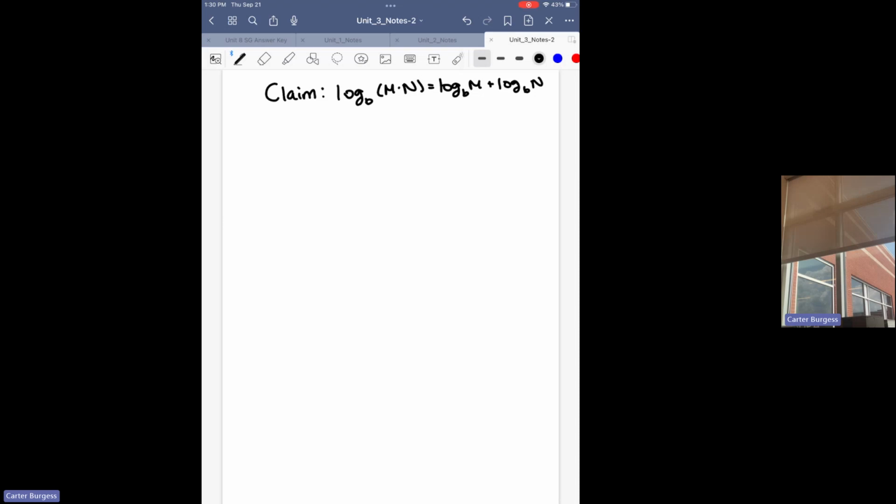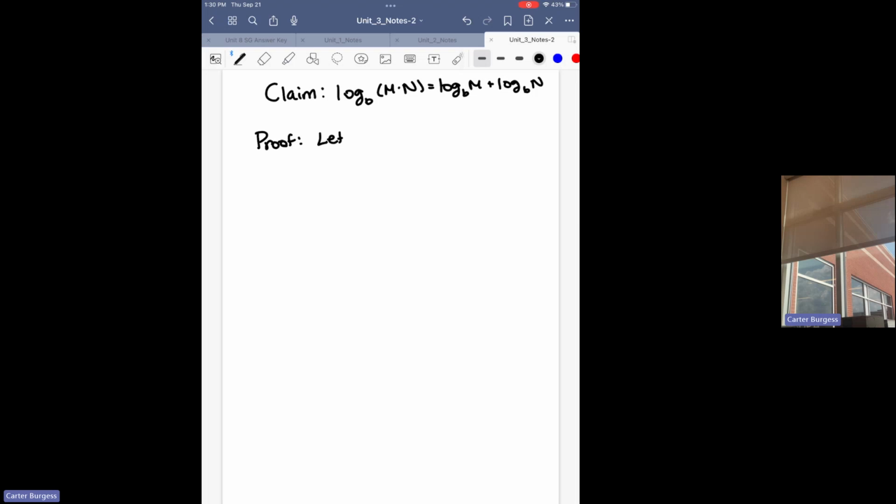All right, now we're going to be talking about these exponents here. It might be helpful to define these as exponents. So we're going to start this proof by using a little bit of a dummy variable, a placeholder, just to make the notation a little bit easier. We're going to set x equal to one of these powers, y equal to another one.